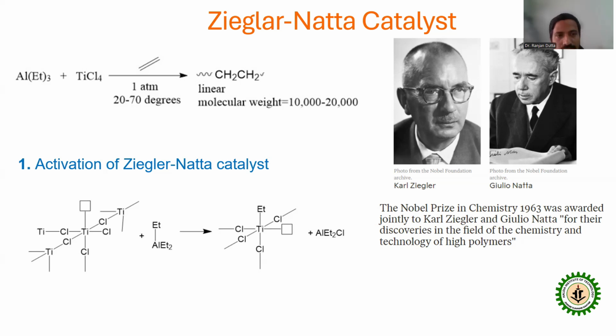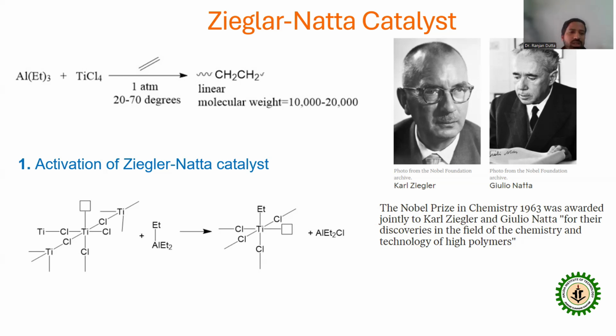Now, Ziegler-Natta catalyst is a combination of titanium tetrachloride and triethyl aluminum. In the first step, during activation of the catalyst, an ethyl group from triethyl aluminum is transferred to titanium tetrachloride.